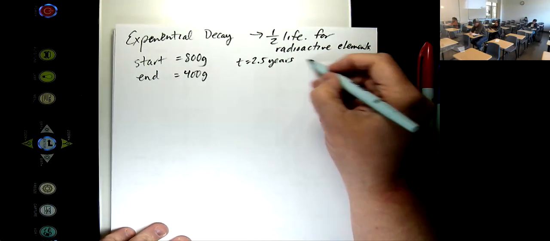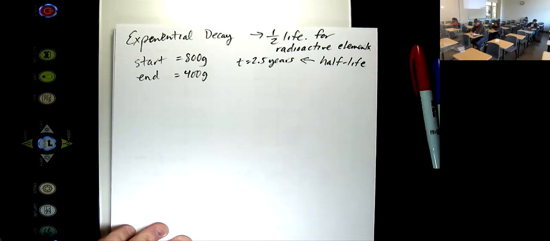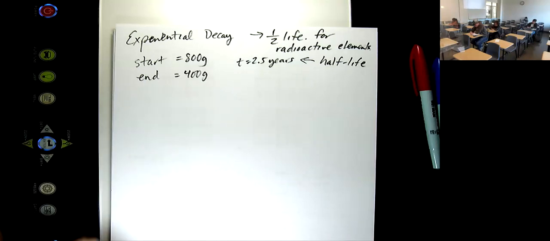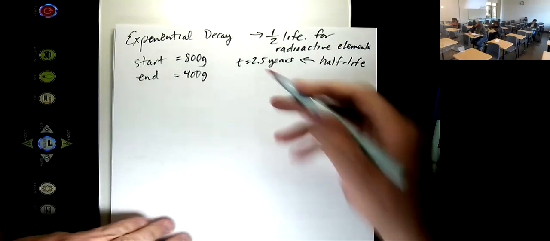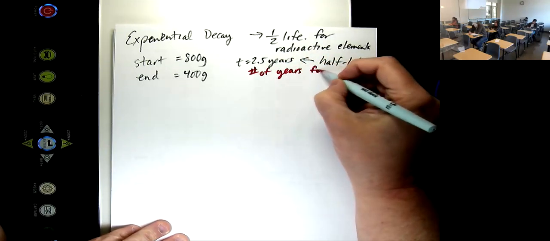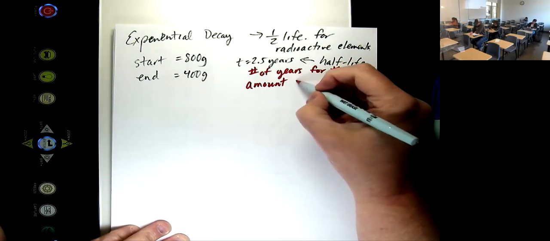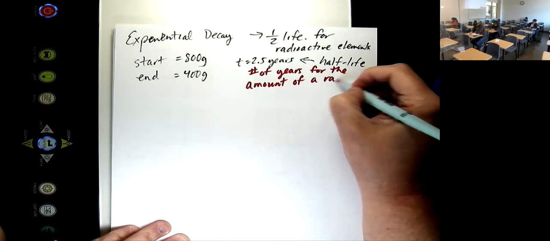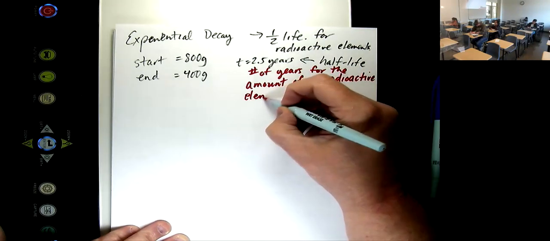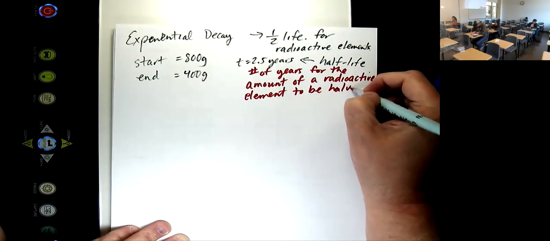So this is the half-life. Half-life is the number of years it takes to cut a value in half. Number of years for the amount of an element to be half, by decay.